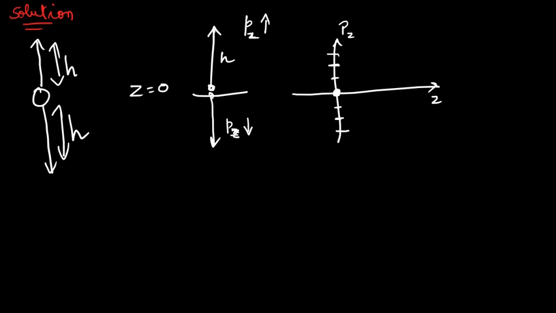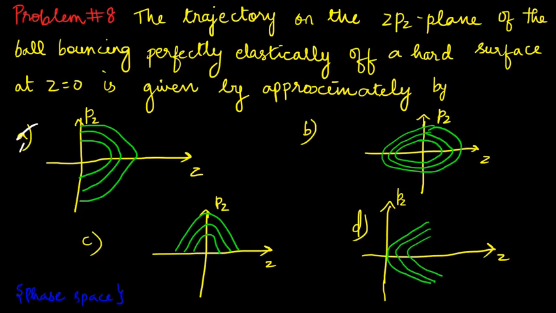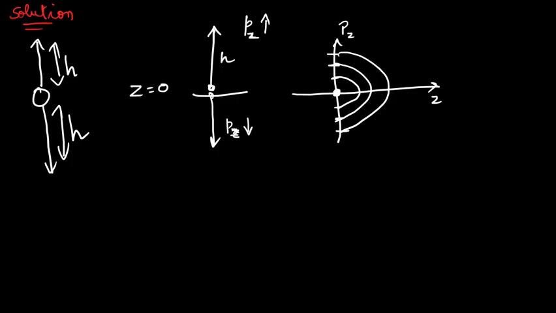Similarly over here. So when I draw, I get it like this, which is similar to my option A. So this is an easy thing, you can just think practically about the situation and draw that phase trajectory.